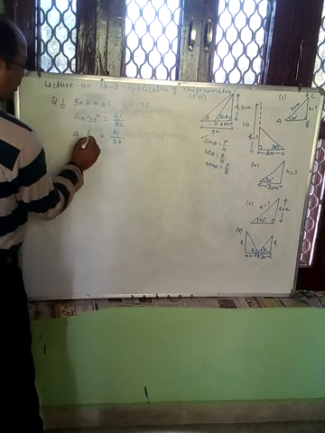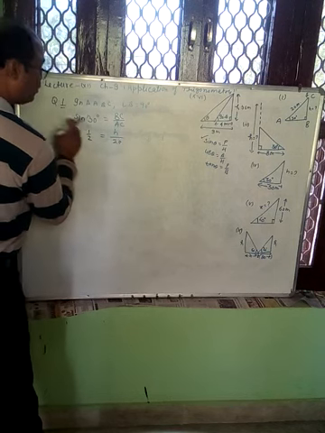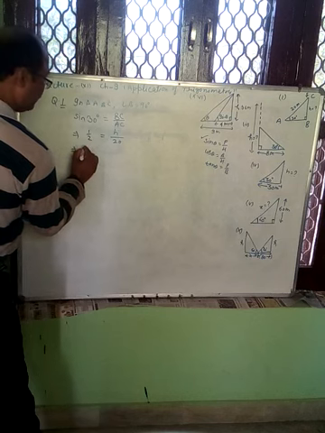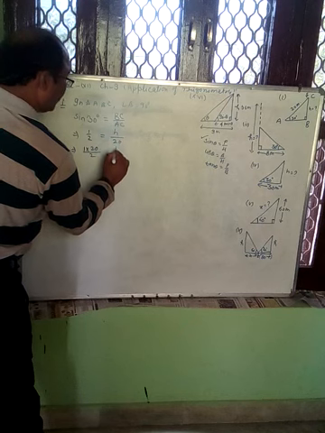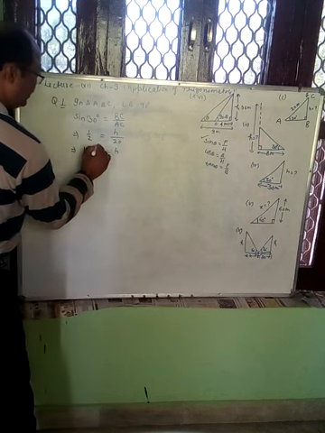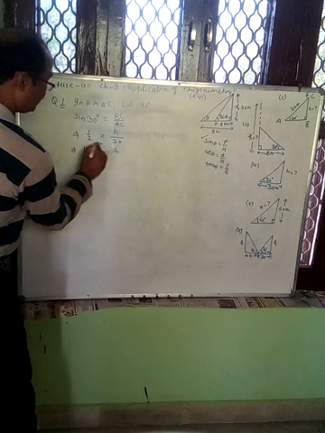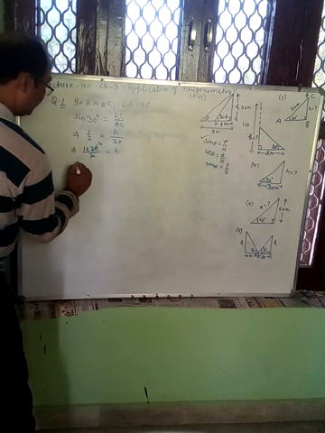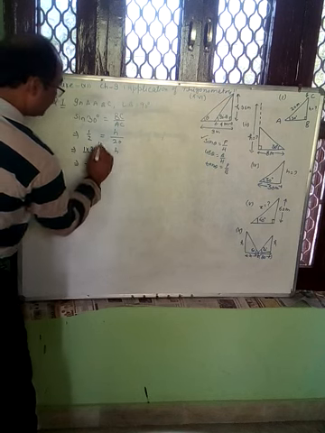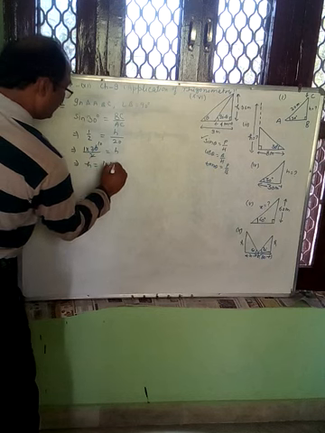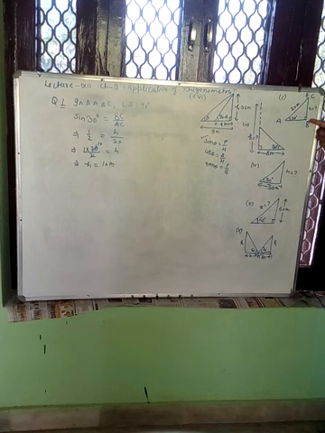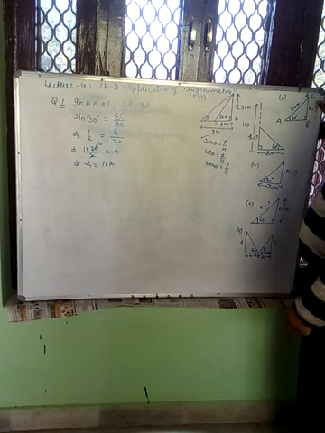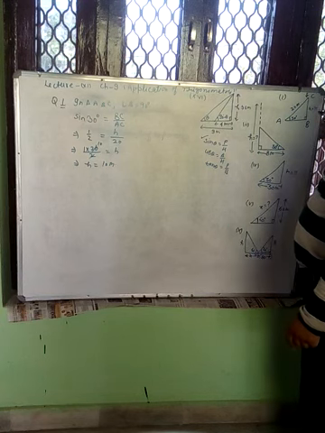Now we cross multiply: 1 into 20 divided by 2 is equal to h. So 20 divided by 2 is 10, therefore h is equal to 10 meters. It means the height from the foot point B to C is 10 meters.